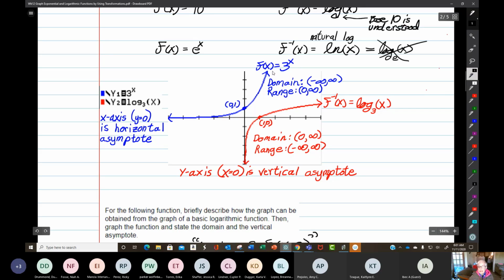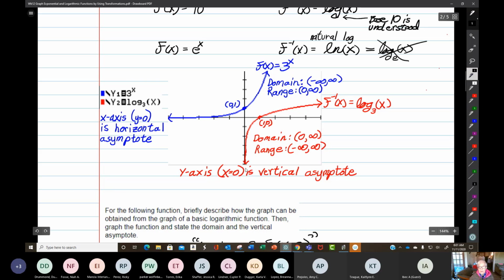The domain of the exponential function is negative infinity to positive infinity. Well, the range of this logarithmic function is negative infinity, way down here, slowly rising up to positive infinity. So check these out and you'll see that the domains and ranges trade because they're inverses.